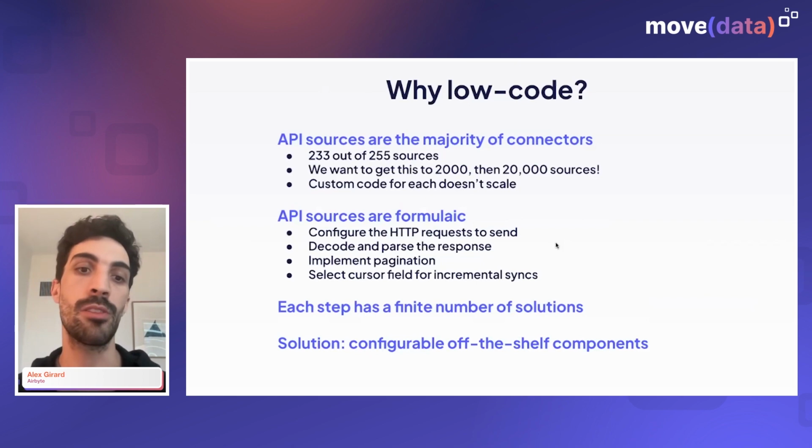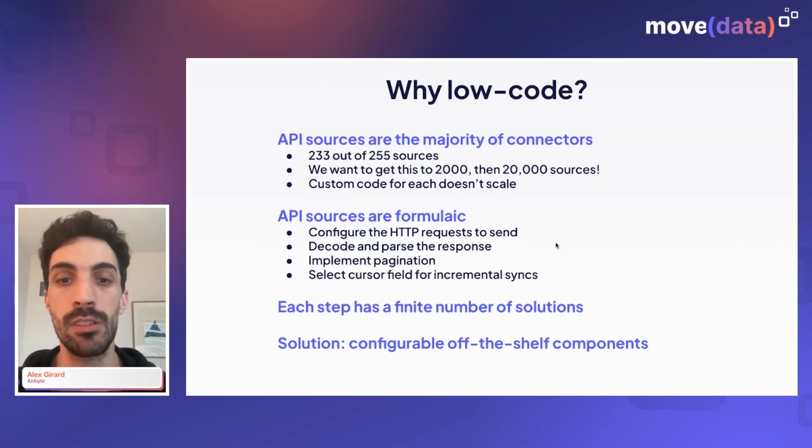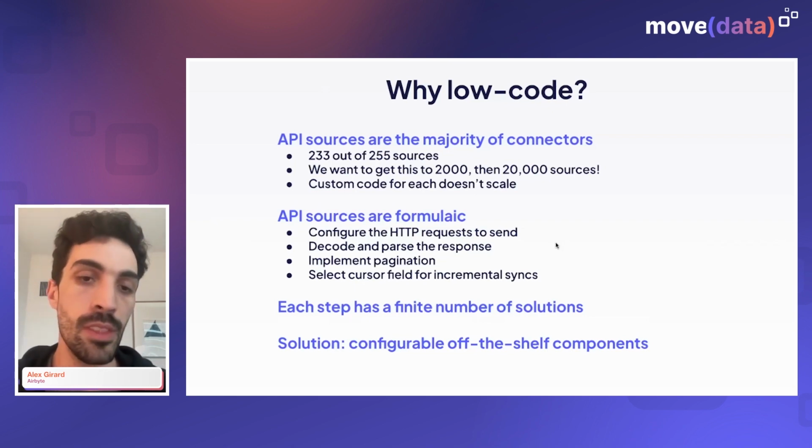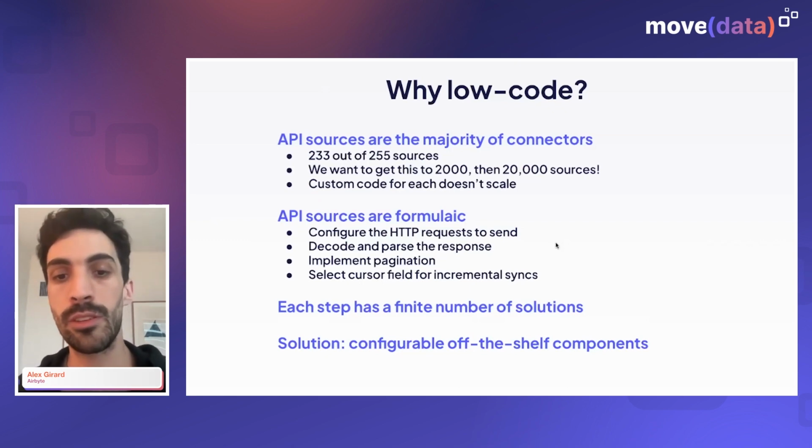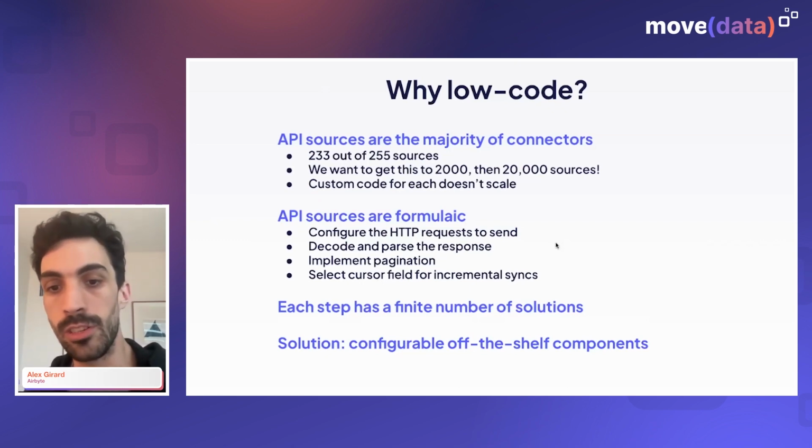We'll always go through the same steps of configuring the HTTP request to send, defining how to parse the response, implementing pagination to get all the records, and selecting the cursor field for incremental syncs. And the key here is that each of those problems only have a finite number of solutions.